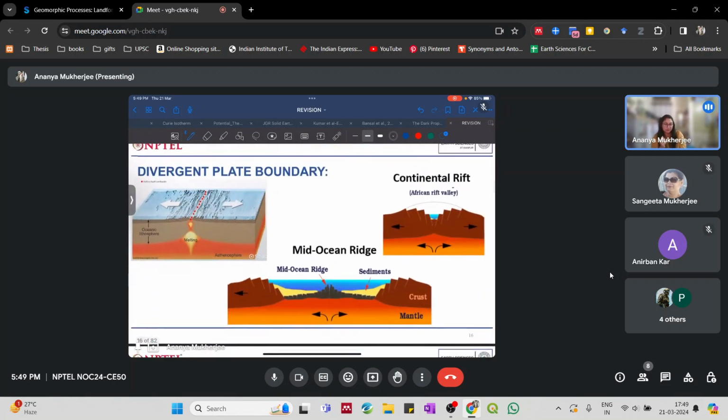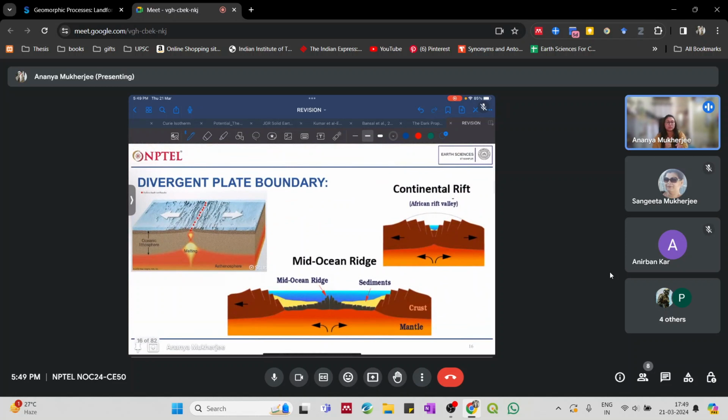Now for divergent plate boundaries, mostly what we have is the creation of rifts or ridges. Rifts, usually the example is the African Rift Valley, is when the continental plate is getting pulled away from the other part of the continent. So there is a break in the continental plate itself.